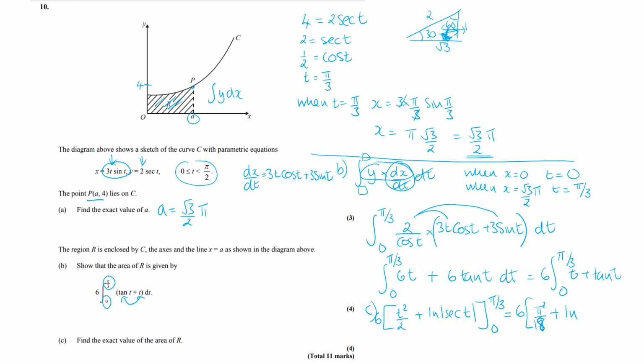So that's going to be cos pi by 3 is a half, and then upside down that will be the ln of 2. And then when we put the other limit in, it's going to be 0. When you take that 6 in, it's just going to be pi squared over 3 plus 6 ln of 2.